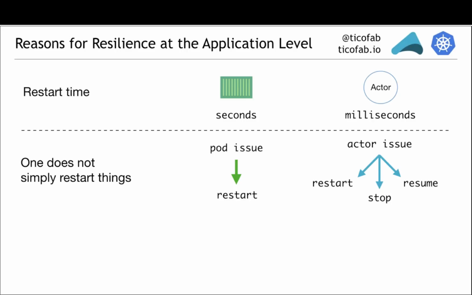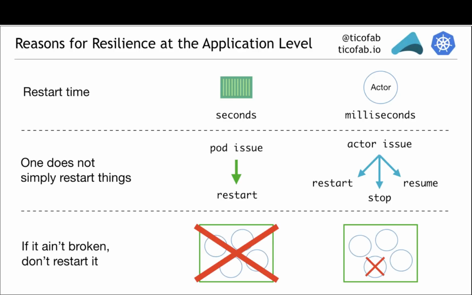And another important reason is because, again, Kubernetes only works at a pod level of abstraction. The only thing it can do is restart the entire thing without knowing what's going on inside. But why do that if you can only restart the component that failed?